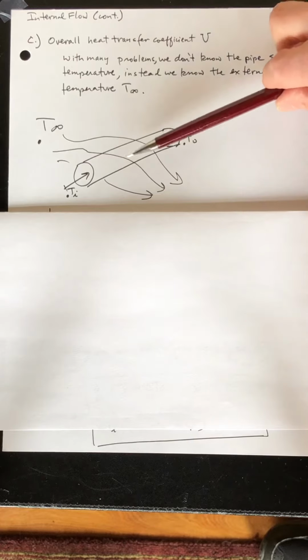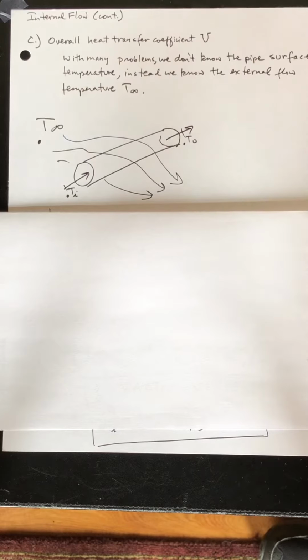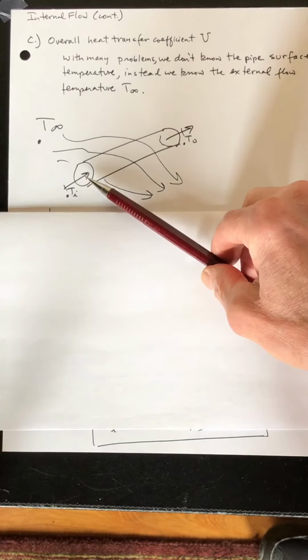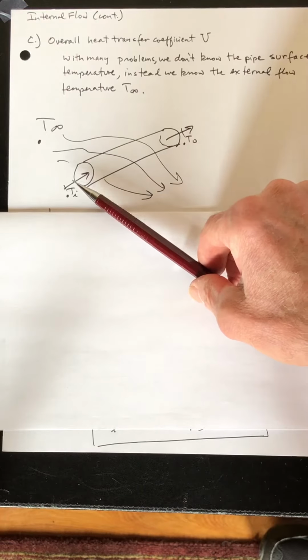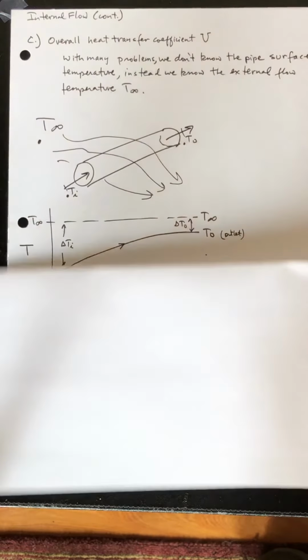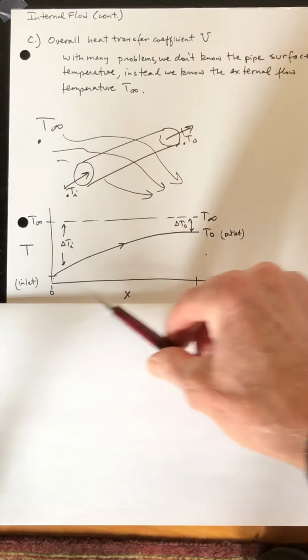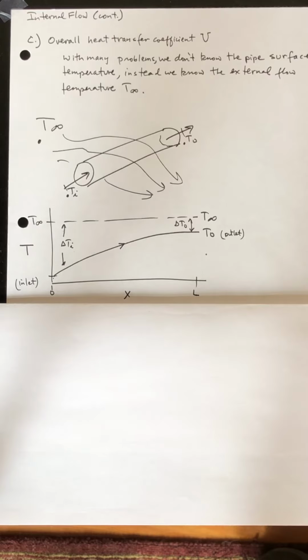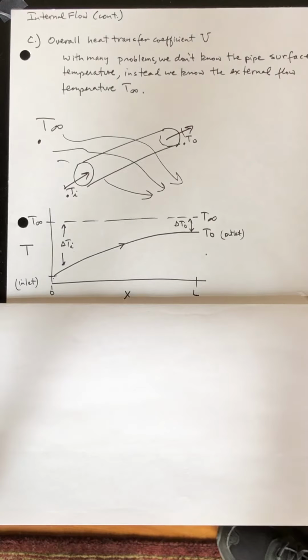So what we're going to do then is write our equations in terms of T infinity, the external flow temperature, and obtain relations for the change in temperature of the flow as it goes from the inlet to the outlet of the pipe. So we start with drawing a temperature versus distance along the pipe diagram, and then our hypothetical temperature curve is drawn.